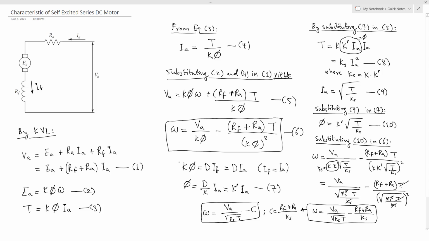So as we can see here, the torque cannot be equal to 0. So this is the characteristic equation of the self-excited series DC motor.